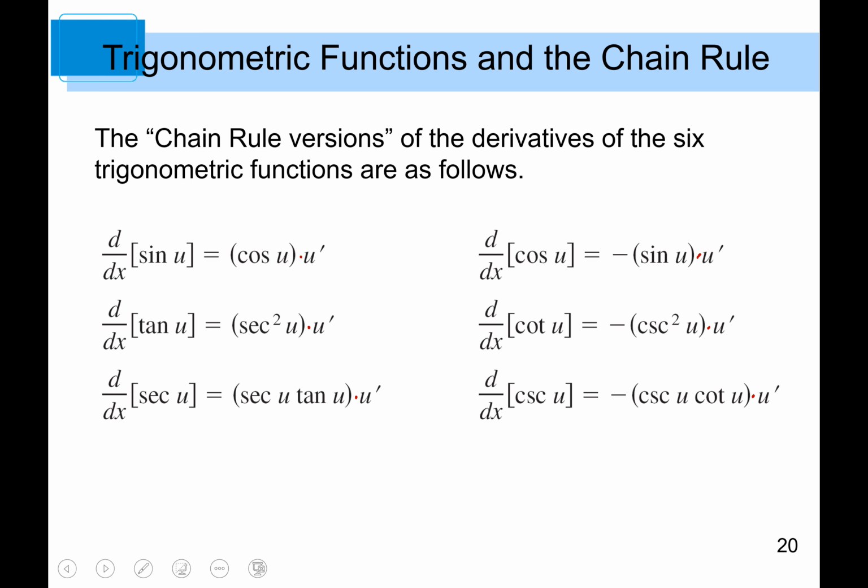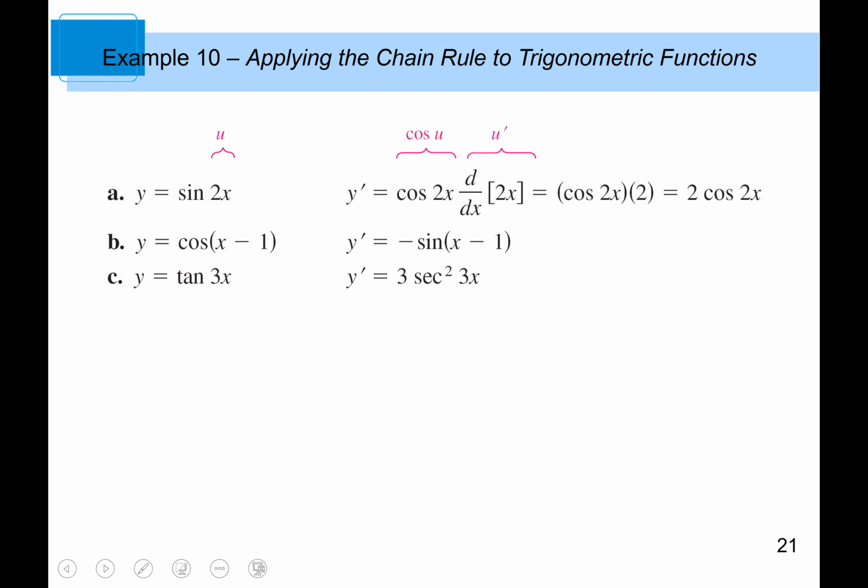Let's take a look at how we apply this. Alright, so we have y equals sine 2x. So here automatically u equals 2x. Now u prime equals the derivative of 2x, which is 2. Now we are gonna apply this. This is sine u, right?